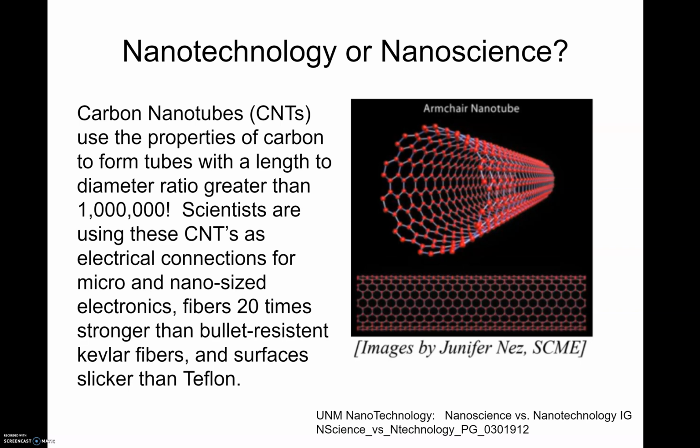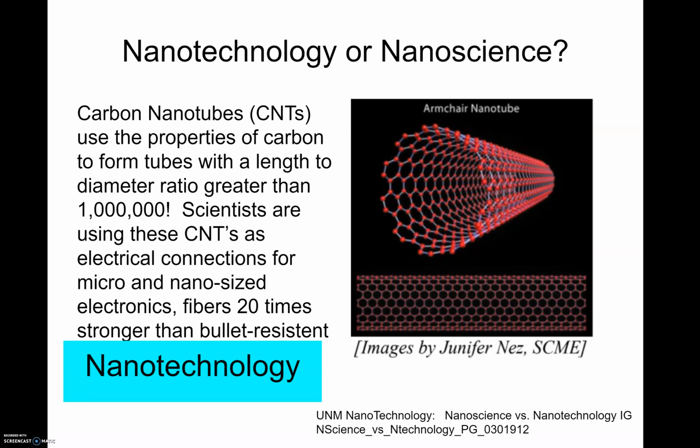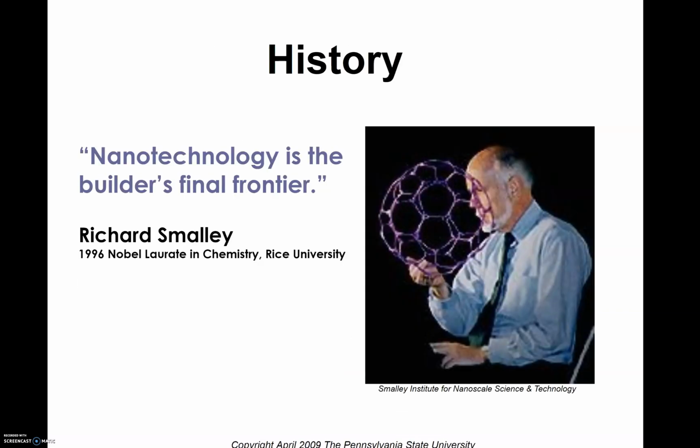So are these applications of carbon nanotubes nanoscience or nanotechnology? If you said nanotechnology, you got it right. So hopefully it's becoming clear what the difference between nanoscience and nanotechnology is.